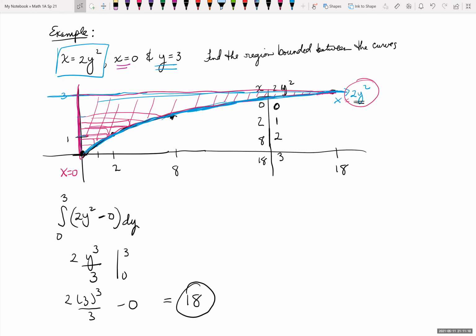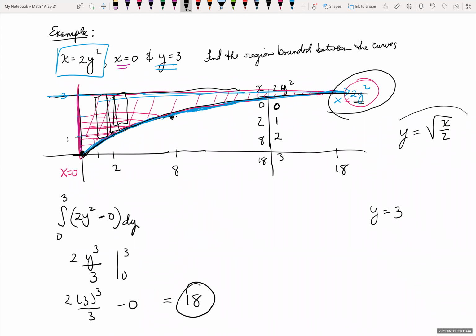If we had changed it, we would have had to change things in terms of x instead of y. Thinking of it as rectangles, my upper function would have been y equals 3, and my bottom function I would have had to change again. Actually, I would have taken the square root. It would have been y equals the square root of x over 2.